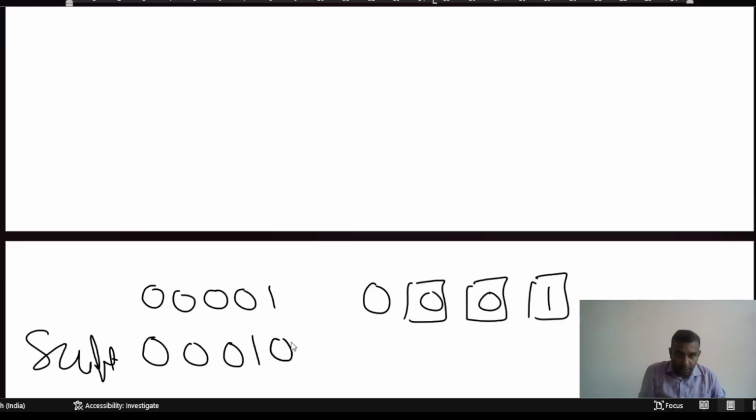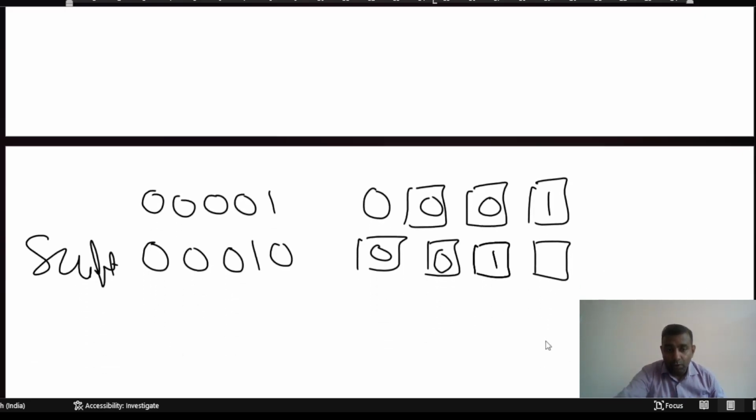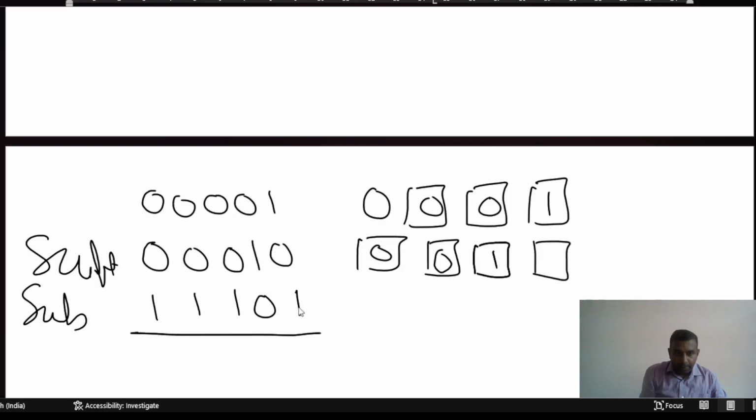0 0 0 1 0, then here 0. This first bit is shifted to register A. This is 1 and this is our blank bit, that is Q0. To set the value of Q0, we need to perform the subtraction operation first. In that subtraction operation, we need to write -3.